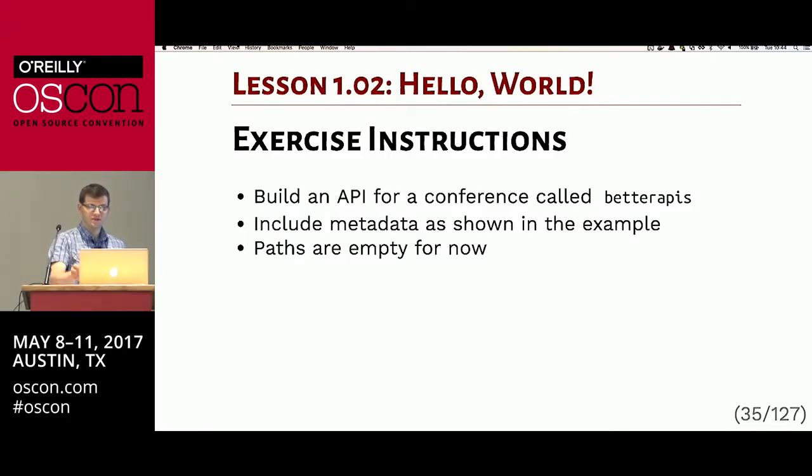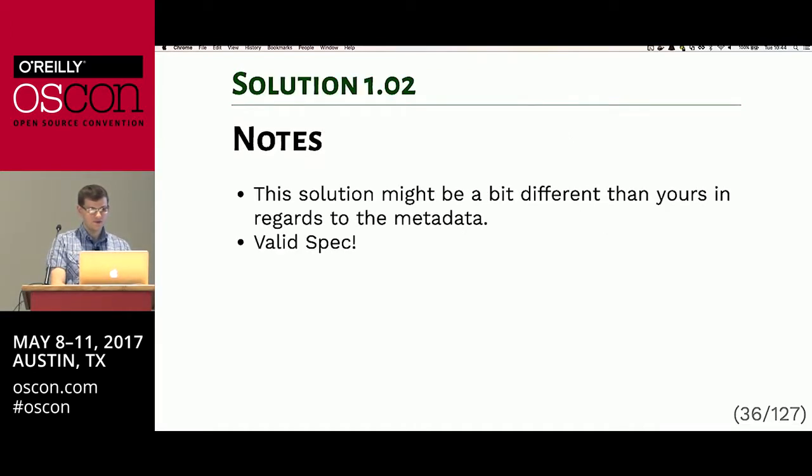OK, so I think most people probably have it working, maybe on their way to having a valid spec. If you looked at the solution in your solution directory for the lesson, you might have seen metadata a little bit different, but the important part is that you have a valid spec.